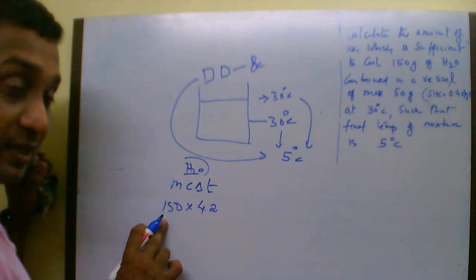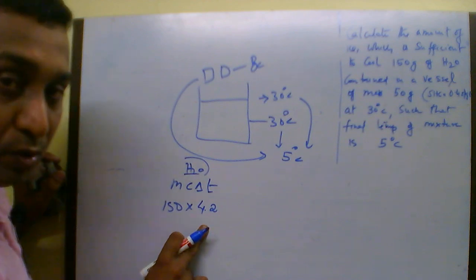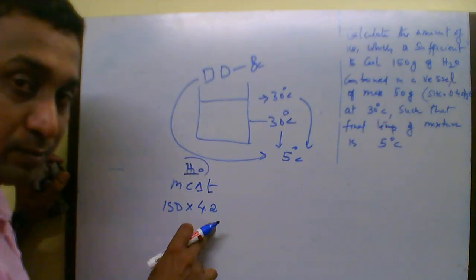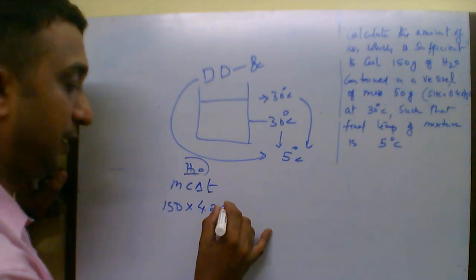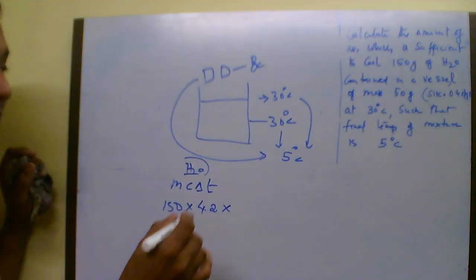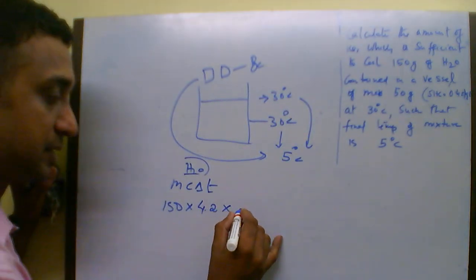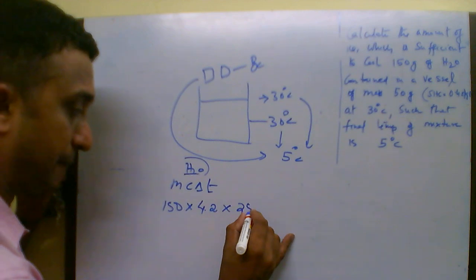So 150 grams is given, so you should take 4.2. If kilograms were given, you should take it in kilograms, so 4200. Multiplied by the change in temperature. 30 degrees Celsius water is getting to 5, so the change in temperature is 30 minus 5, so 25.